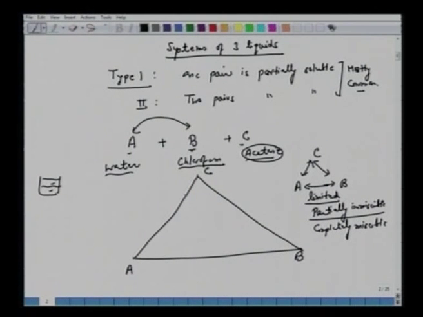So going back to this equilateral graph, there are lines parallel to AB, parallel to AC, and parallel to BC here. Now when A and B are partially miscible, we have a phase diagram like this. Now we say that A and C are completely miscible.